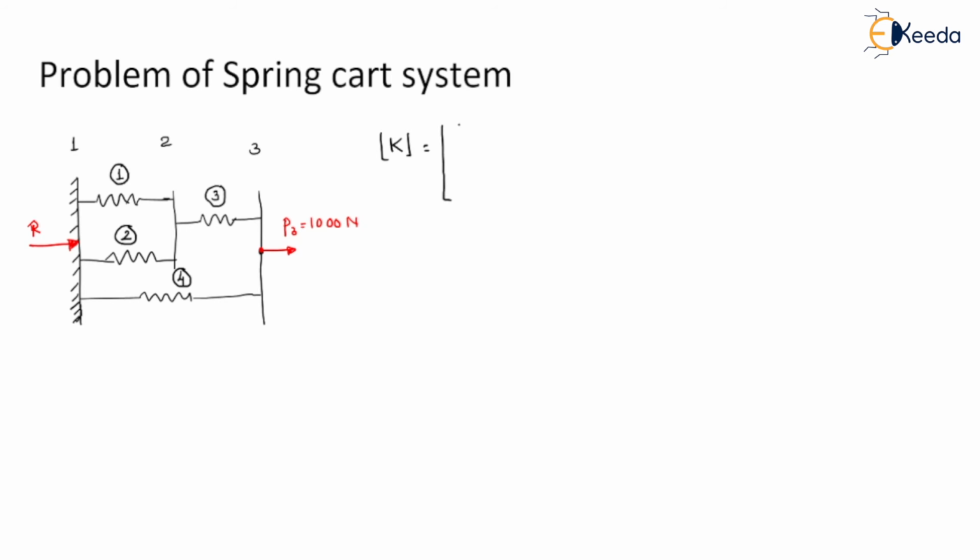So we will have 32 here, minus 12, minus 20, minus 12, 22 and minus 10, here minus 20, minus 10 and 30. So we have first, second, third row and column. So that will be a 3 cross 3 matrix.